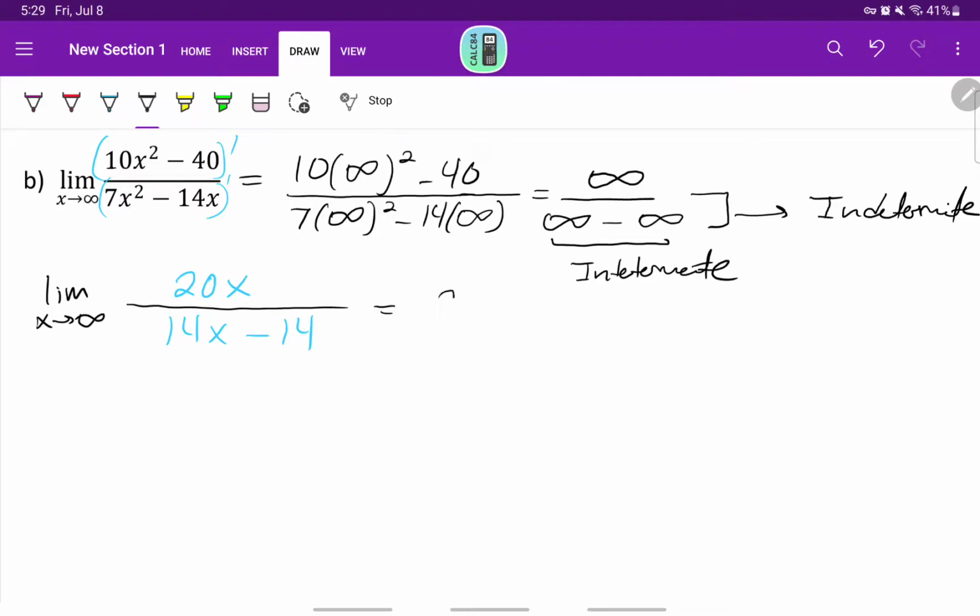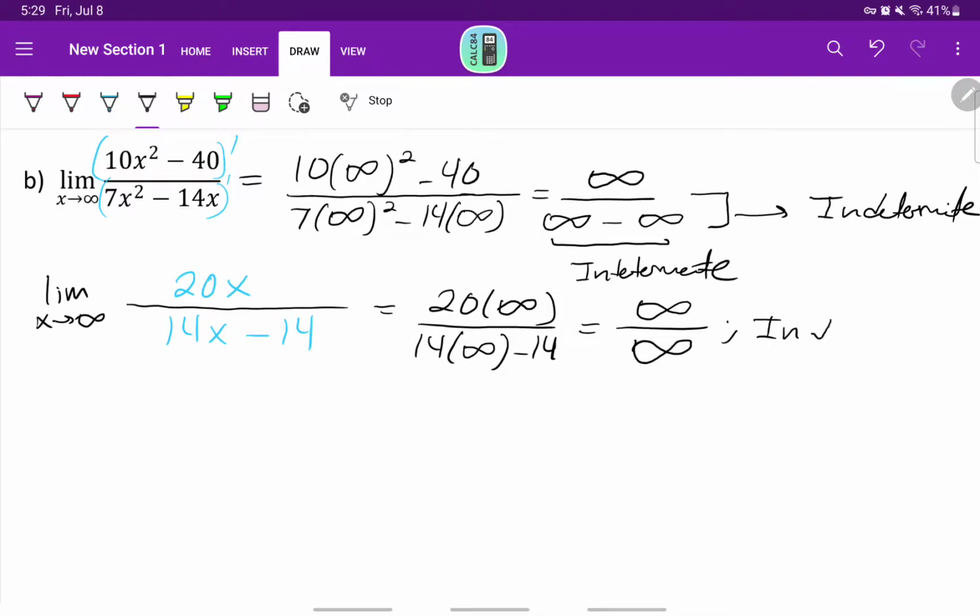Plug in infinity. 20 times infinity divided by 14 times infinity minus 14. This is still infinity over infinity. This is indeterminate. So we're going to do L'Hopital's rule again.